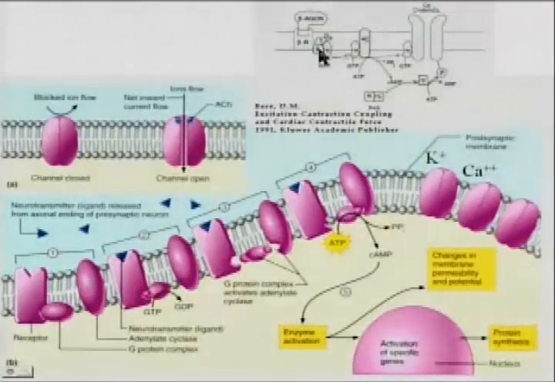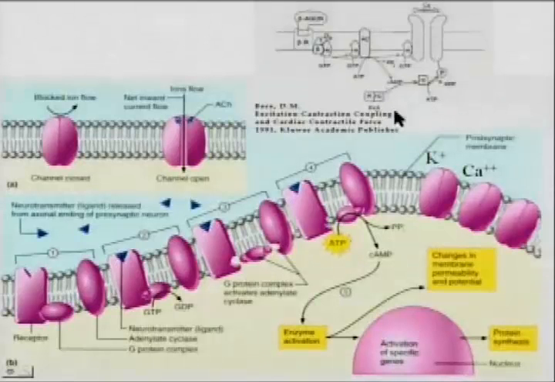There's an alpha, beta, and gamma subunit to this, so it's a complex of proteins. GTP will bind to it in the ligated form, and then the alpha subunit can diffuse away in the membrane, as long as it has a GTP molecule on it, and encounters adenylate cyclase, and then it will convert the ATP to cyclic AMP.